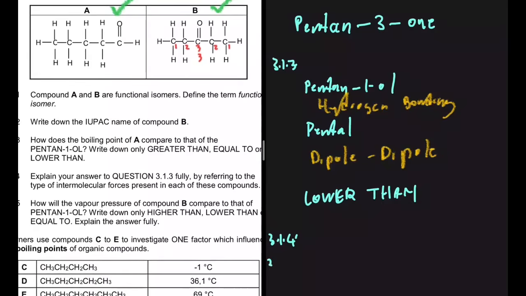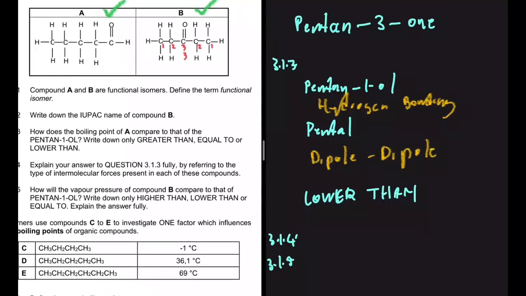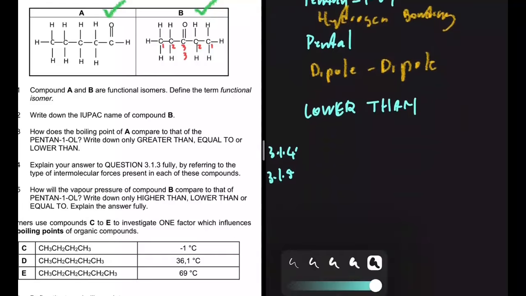Let's look at 3.1.5. How will the vapor pressure of compound B compare to that of pentan-1-ol? Answer only higher than, lower than, or equal to, and explain the answer fully. Compound B, like we've already deduced, is a ketone. Which intermolecular forces do we find in ketones?